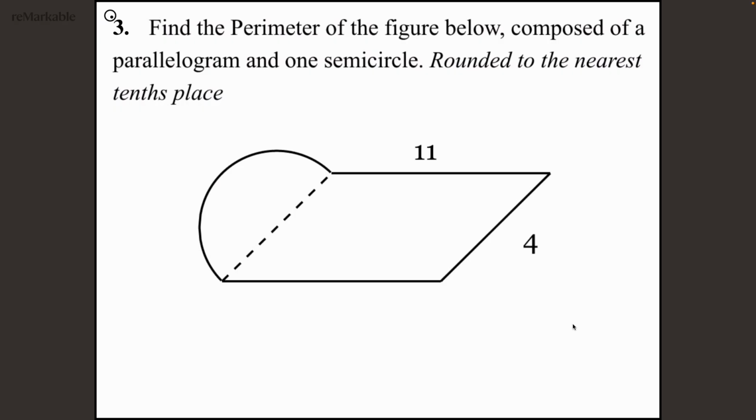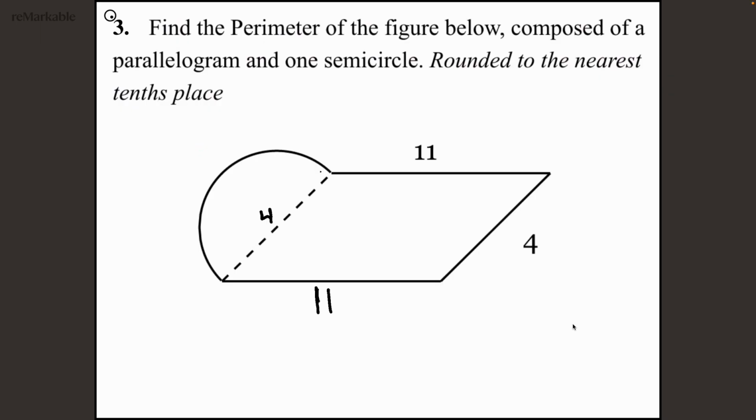I don't know the answer. We're going to go over it right now. All right, let's talk about this one. Our bottom length is going to be 11. The diameter is 4 right here. How am I going to set it up for the semicircle? What is my semicircle going to be right here? What's the value going to be? It's not 4.